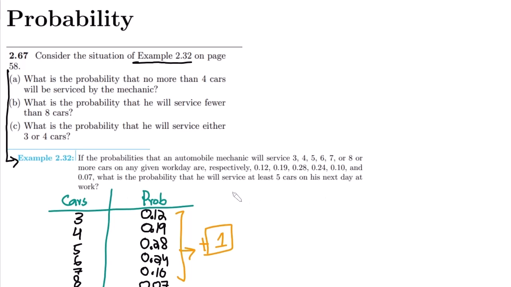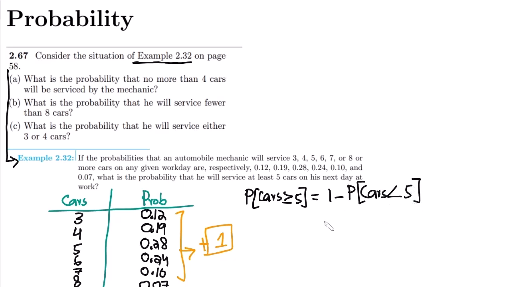Okay, so in this example I have to find out the probability that he will service at least 5 cars on the next day. Okay, so the cars should be greater or equal to 5. Okay, or it can be what? It can also be 1 minus the probability that he will service cars less than 5.